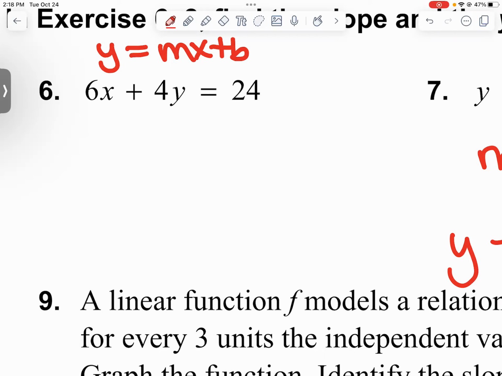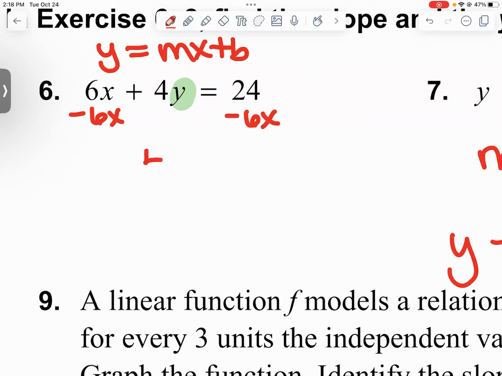Yeah! This is why we spent so much time on literal equations back in chapter 1. How do we get y all by itself? What do we need to do first, DJ? Not yet. Let's do something first. Subtract 6x, okay?